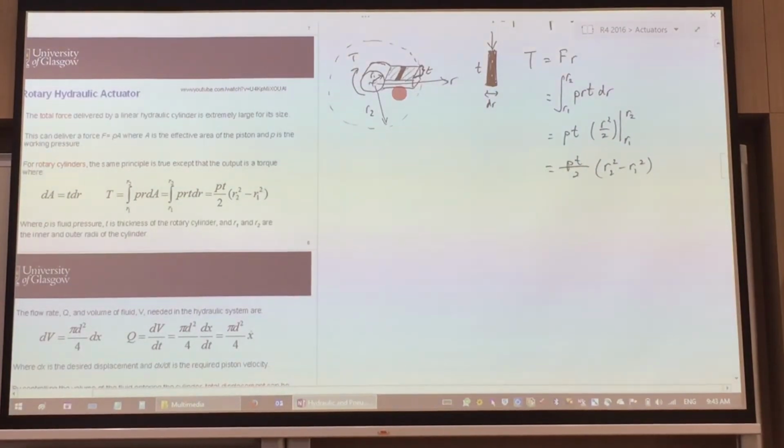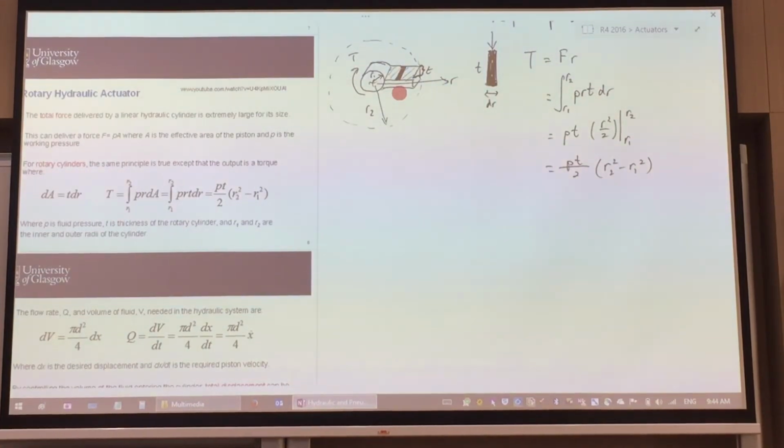The other part, how about flow rate? What do you think flow rate controls in your shaft? Just now I was saying the amount of volume of the fluid that's going in to push the vein controls the position of the shaft. How about this flow rate? Faster flow rate, slower flow rate.